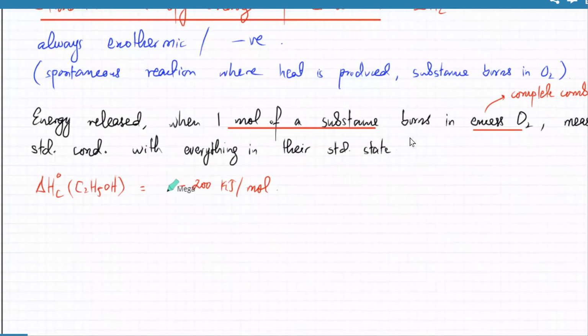Which reaction's enthalpy change is given over here? He's basically talking about that reaction where 1 mole of ethanol burns in excess oxygen and whatever it produced. I mean, you should have an idea of what is produced when a substance burns. Specifically, if an organic compound burns, it usually produces carbon dioxide and water.